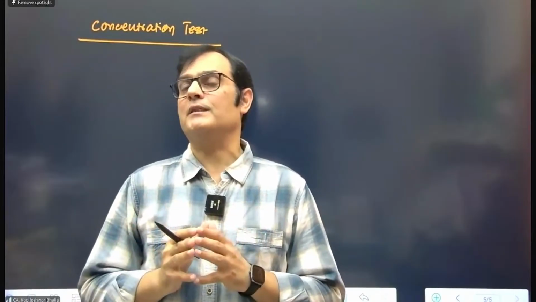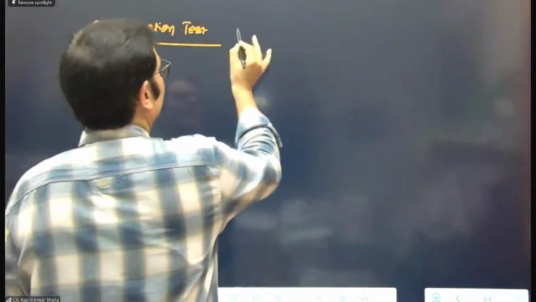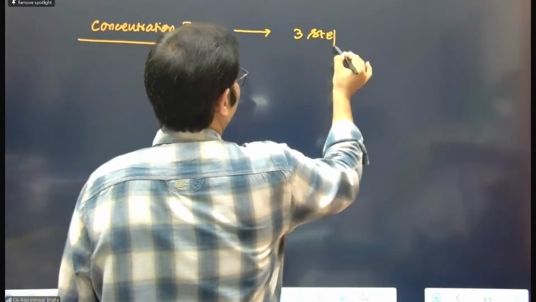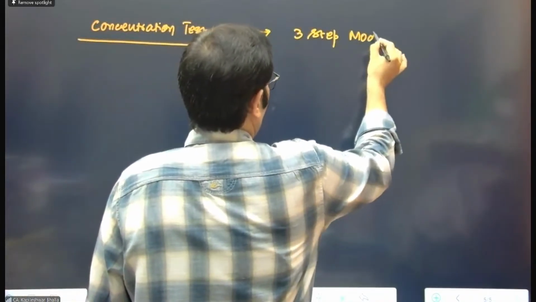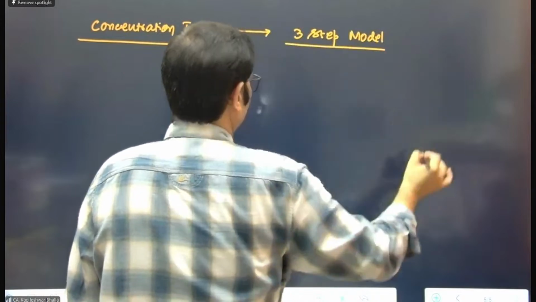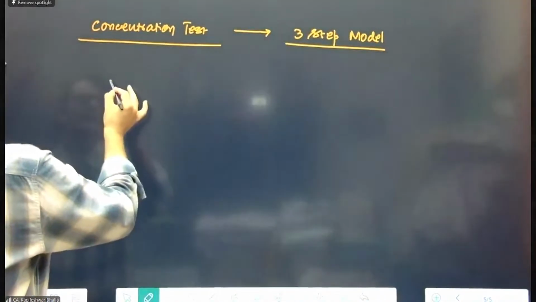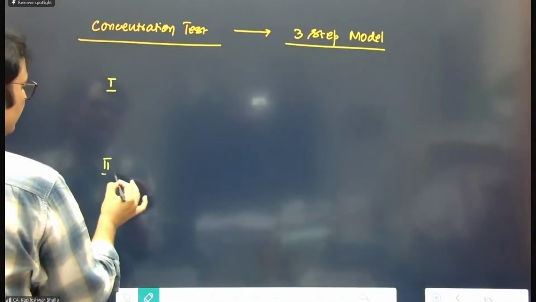You're going to see a lot of three steps, maybe 7 steps as well, in terms of these consolidation standards. So I've divided this entire concentration test in terms of a three-step model again. So let's outline the 3 steps in this case.